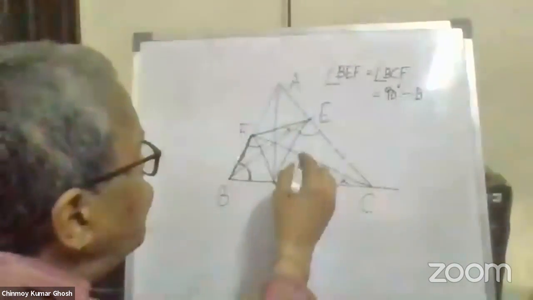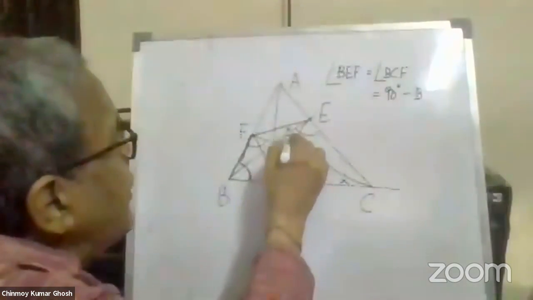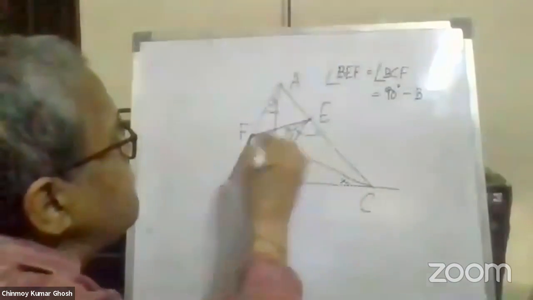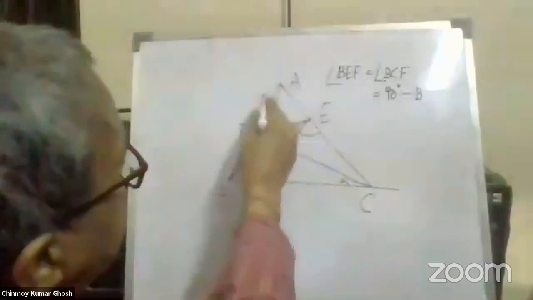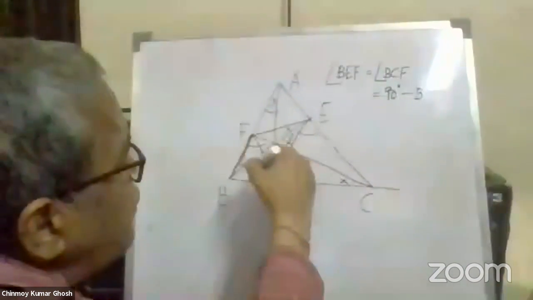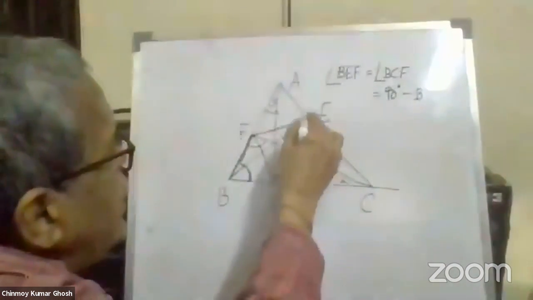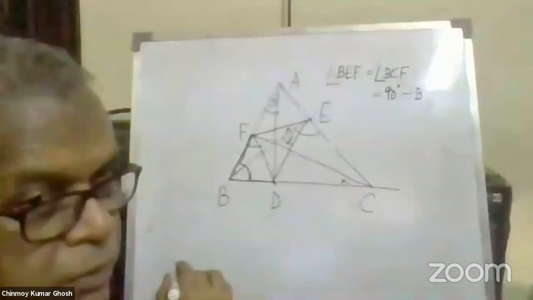Again, you look at this angle. Now, this angle and this angle are the same, because, as I told you just now, BDEA is a cyclic quadrilateral. And since BDEA is a cyclic quadrilateral, these two are angles at the circumference, angle E and angle F, with reference to the chord BD.